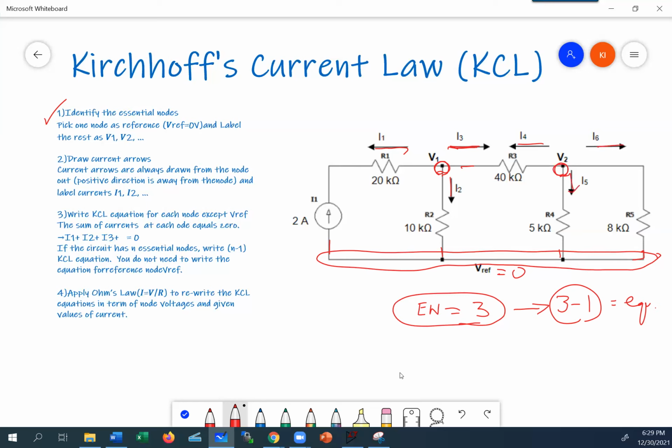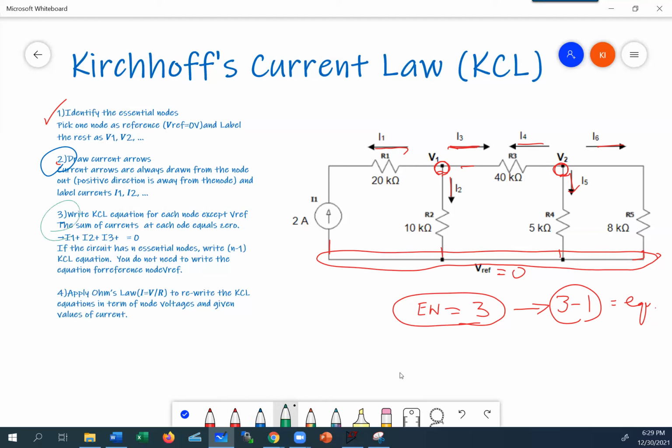So now we have 2 equations. Now we are in step 2. Let me change color so we know which step we are in. We drew all the I1, I2, I3, I4, I5. And now we're going to get to step 3, and I'm going to use green for step 3.